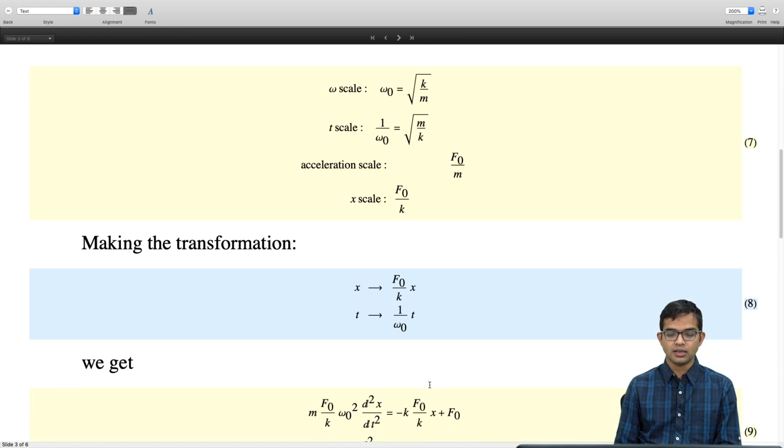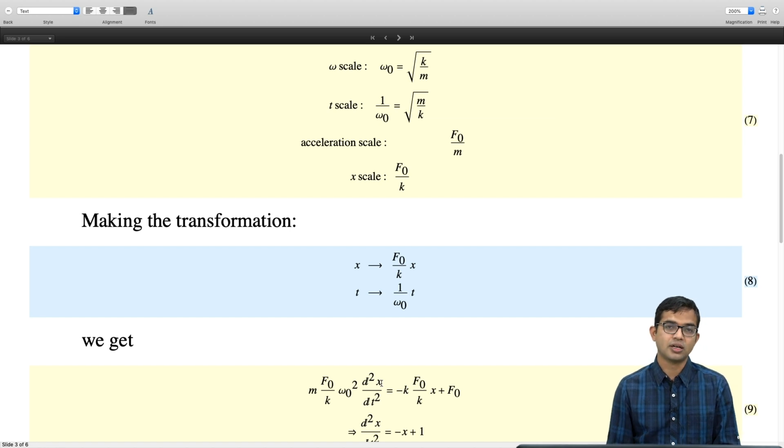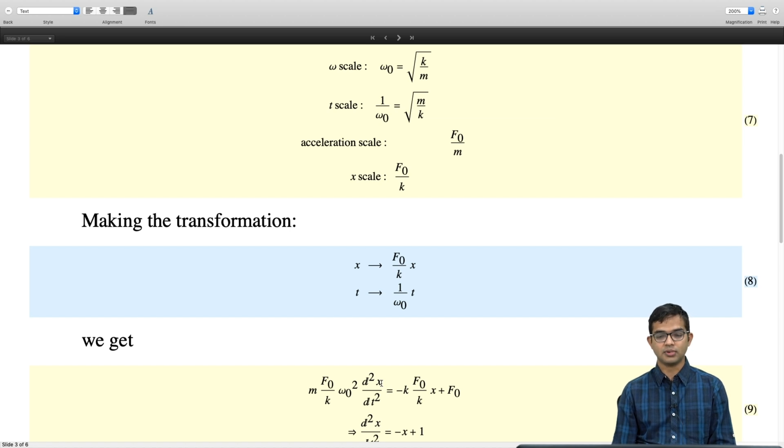So as usual, we'll go ahead and substitute. Wherever we have x, we'll put F naught by k times x. So d squared x is just 1x. You should not get confused and think that, oh, there's a second derivative, so it must be x squared. It's not x squared, it's just one x, but in the denominator there is going to be t squared, which gives me omega naught squared.